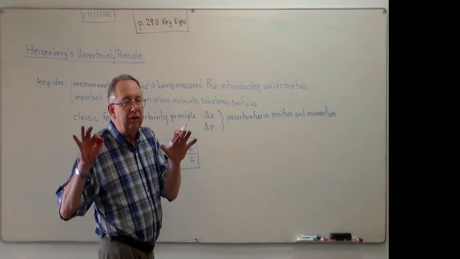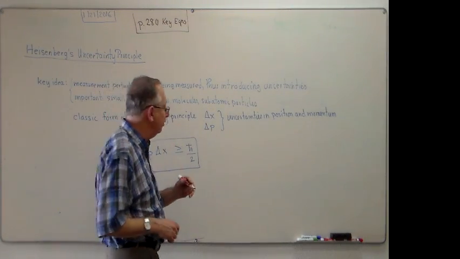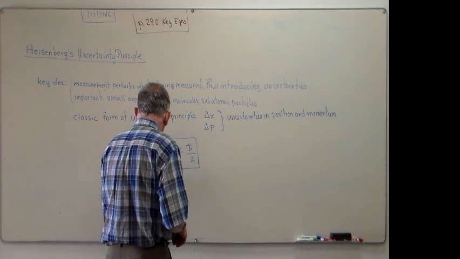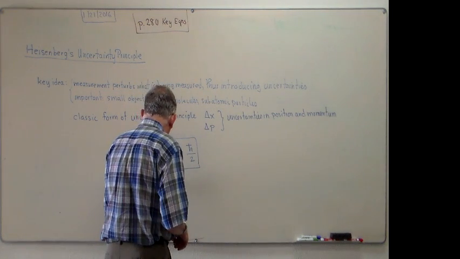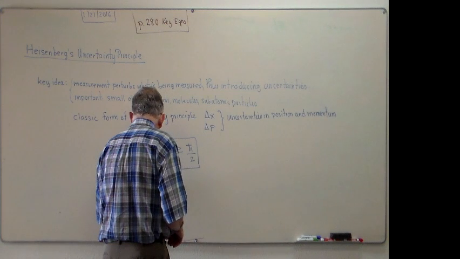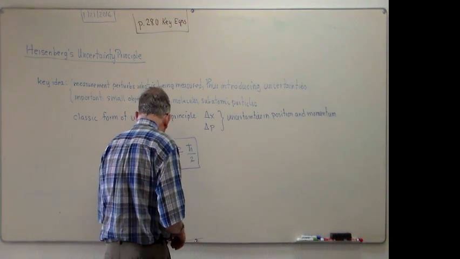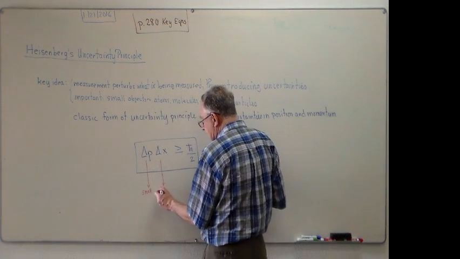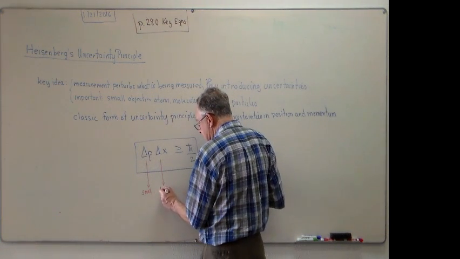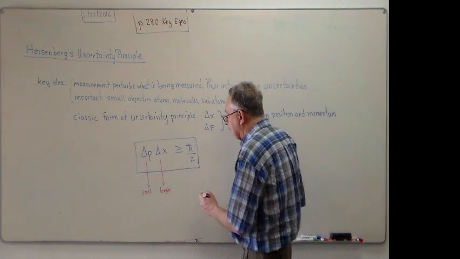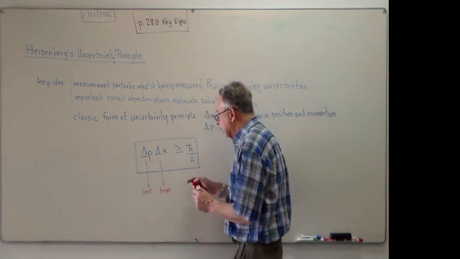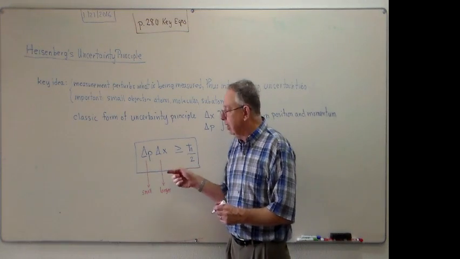There are many other ways, with many other variables, to express the uncertainty principle. If the uncertainty in momentum is small, the uncertainty in position has to be larger. It's just algebra, isn't it?